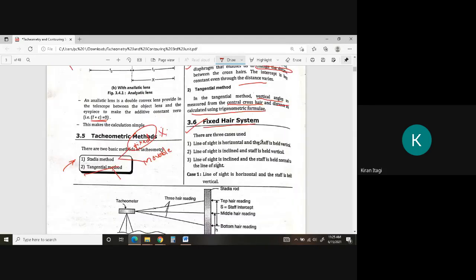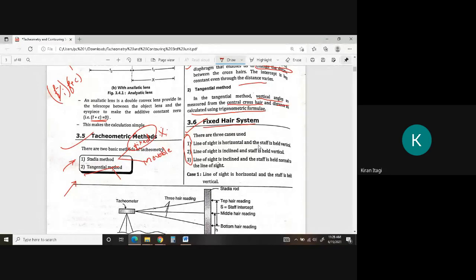It is very simple and the numericals are also quite simple. Just remember the different types of tachometric method. For MCQs, they will ask the multiplying constant and additive constant, f upon i and f plus c, remember that one.